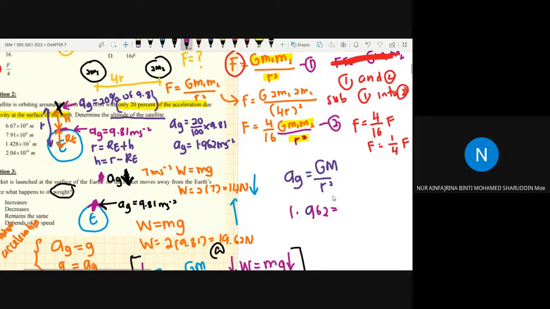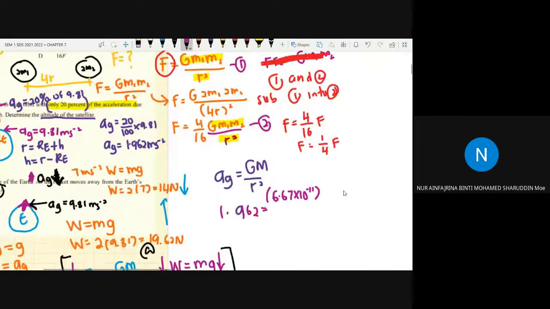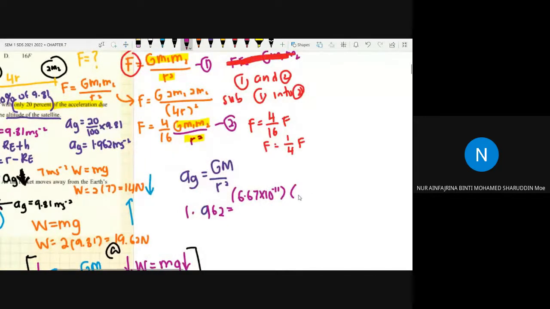1.962 equals to 6.67 times 10 to the power of negative 11, and mass of Earth, awak boleh pilih lah awak nak pakai berapa. Macam Miss pakai 5.97 times 10 to the power of 24 divided by R squared. So awak akan dapat R awak 14.25 times 10 to the power of 6 meter.